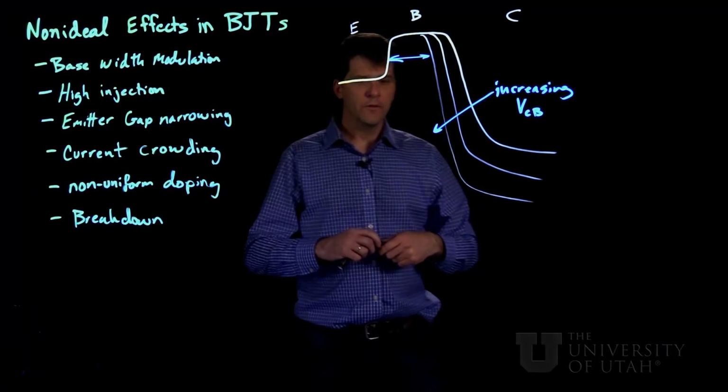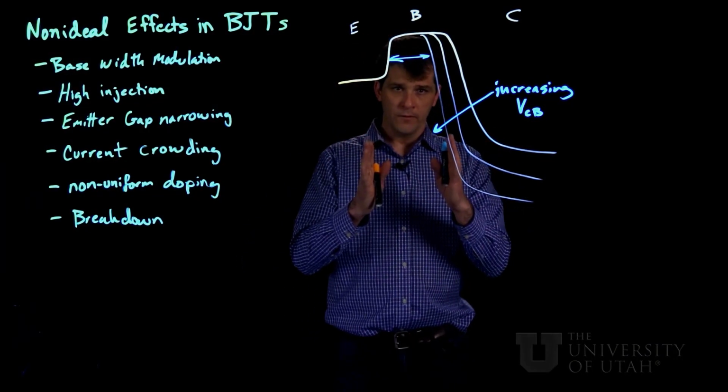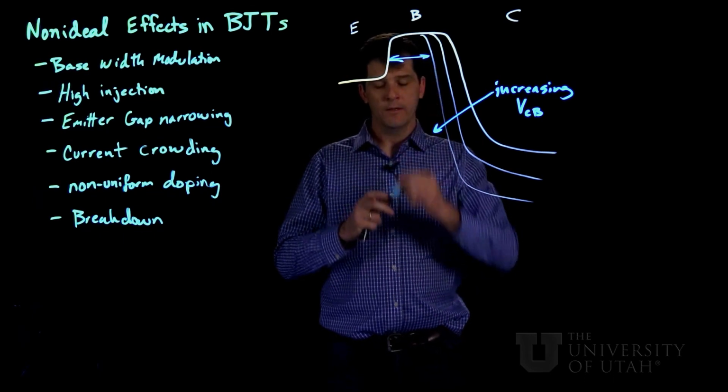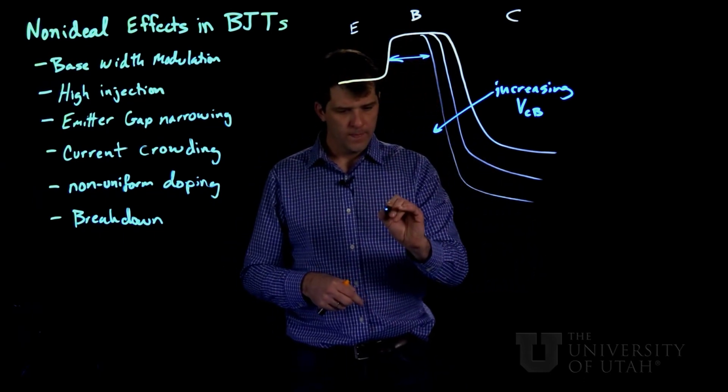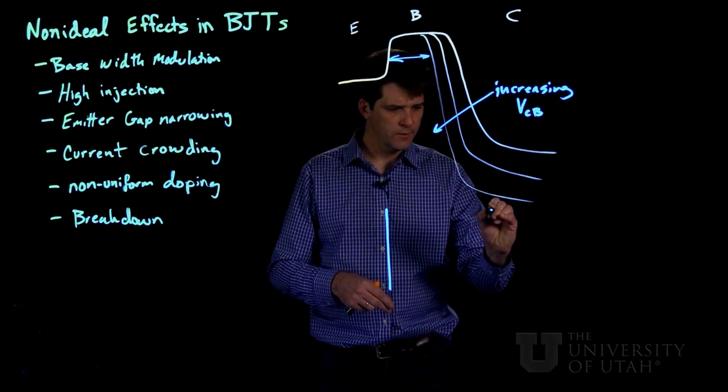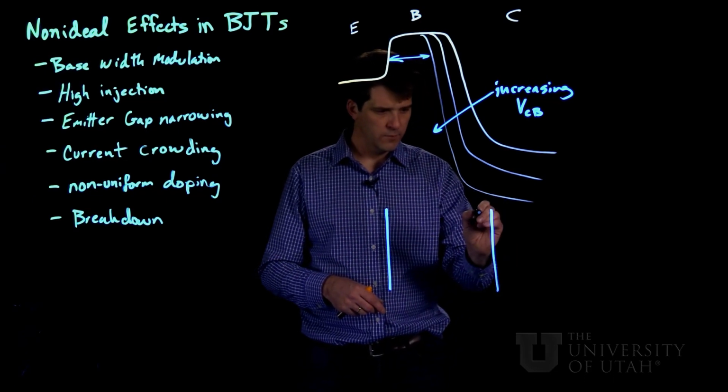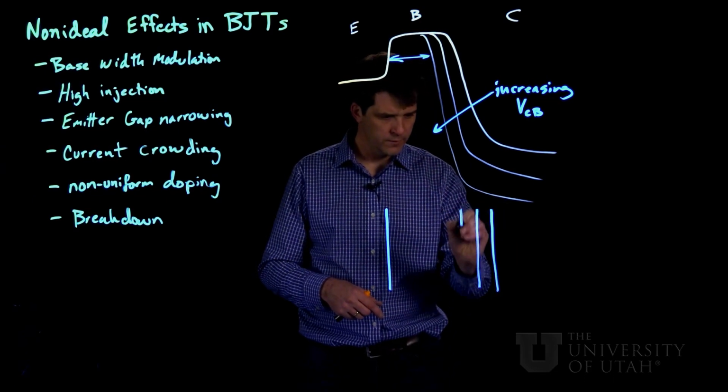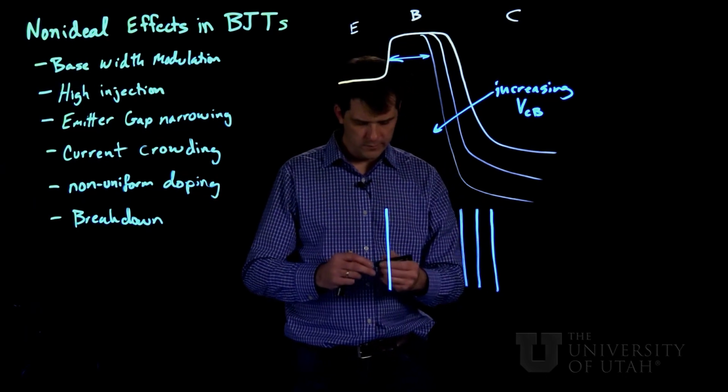What this is going to do as that width gets smaller, remember our right-hand side here, in terms of the minority carrier distribution, represents one of our boundary conditions. So I'll draw these getting smaller and smaller here.